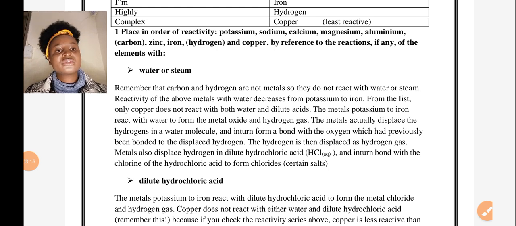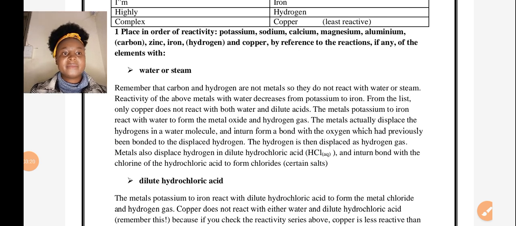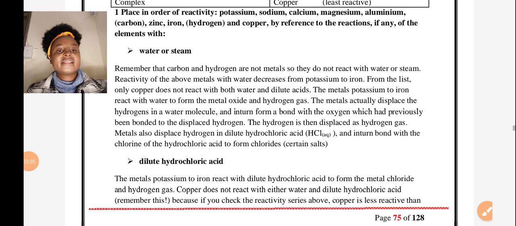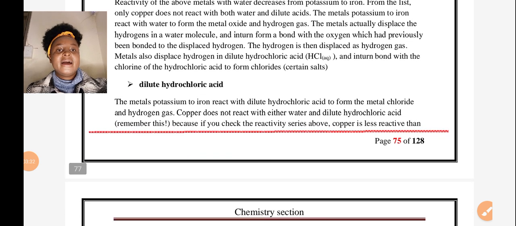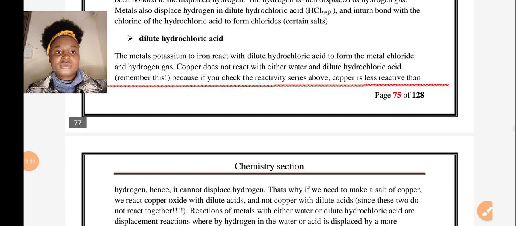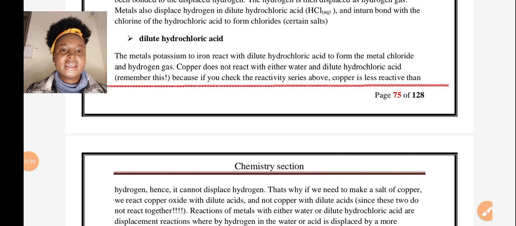Metals also displace hydrogen in dilute hydrochloric acid, for example, and in turn bond with the chlorine of the hydrochloric acid to form chlorides, which are certain salts, right? So metals, for example potassium, can also react with dilute acids. You know, when you react a metal and an acid, we get a salt and hydrogen gas, right?